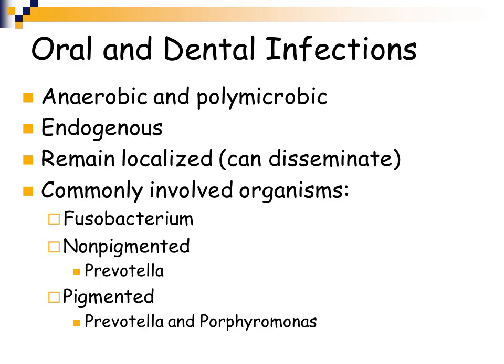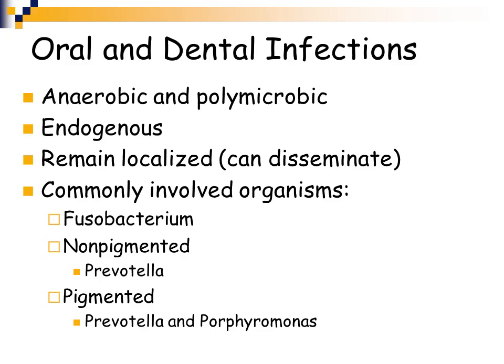So in our oral and dental areas of the mouth, we have anaerobic organisms there. It's a polymicrobic environment. A lot of the infections that we will get in an oral or dental area are going to be endogenous. They're going to be from our own oral flora, and many times, as we've said, they're going to be polymicrobic. You're going to get an infection with multiple organisms.